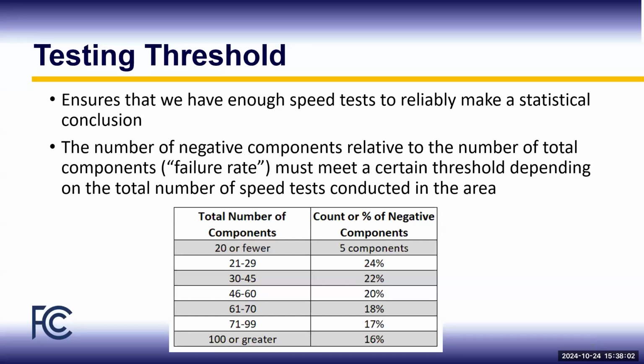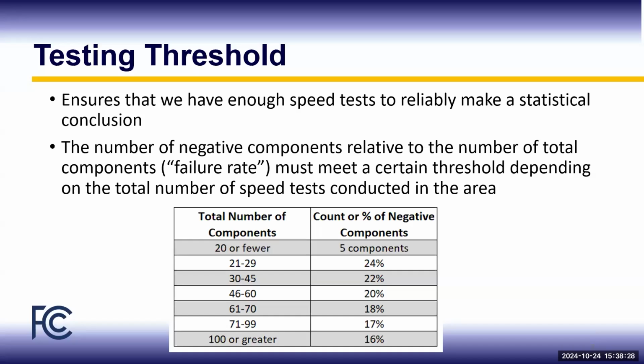The testing threshold requires that a certain number or percentage of total upload or download test results within the challenge area are negative. The percentage of negative tests, or failure rate, depends on the total number of speed tests conducted. Any components taken within the provider's coverage area within the hex 8 count towards evaluating the testing threshold.